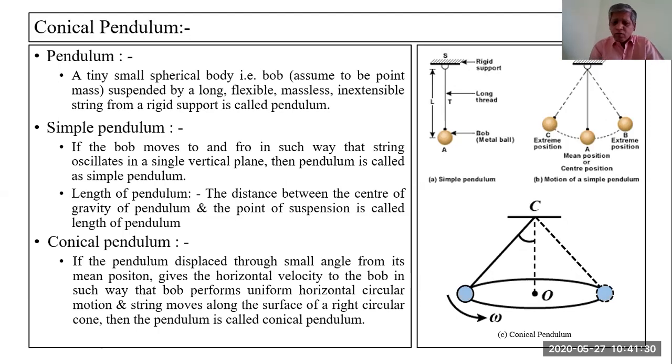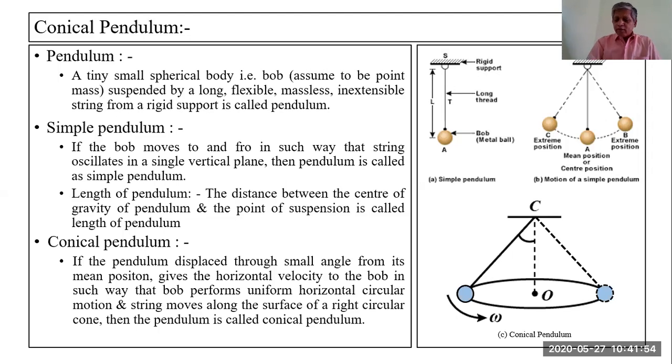This is also an example of uniform horizontal circular motion. The conical pendulum performs horizontal circular motion, and the string traces a conical surface, hence it is called the conical pendulum.